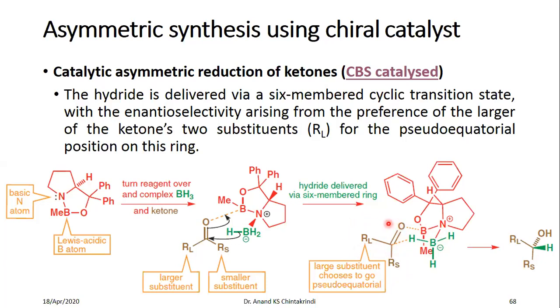So it orients itself such that the larger substituent is on the pseudo equatorial position, so that it is maximally away from this boron. As a result, because of this preferential orientation, you are getting a specific kind of enantiomer in this case.